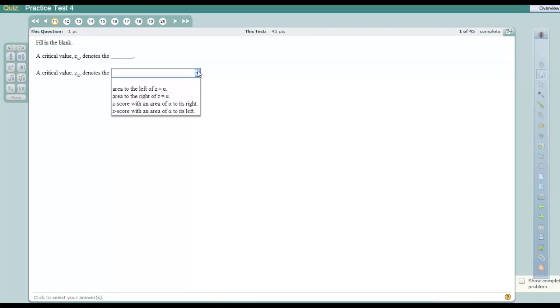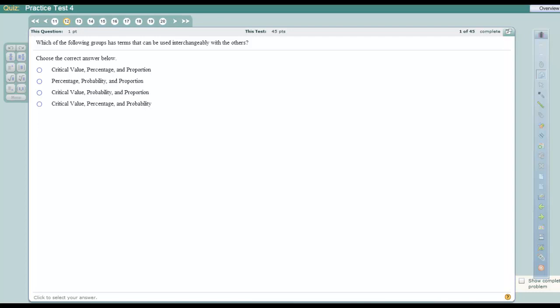Area to the left, okay. Area to the right, okay. It's a Z-score with area of alpha to its left, okay. When we say Z alpha, that's the Z-score with an area of alpha to its left. Okay. Alrighty.